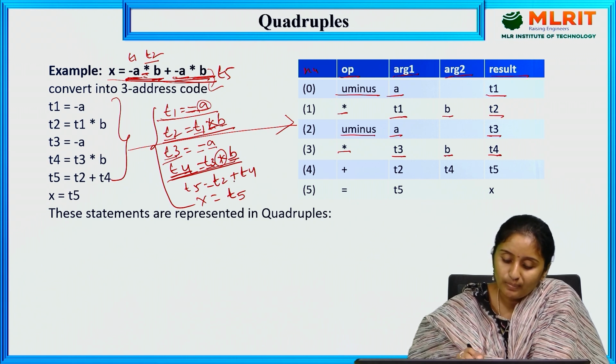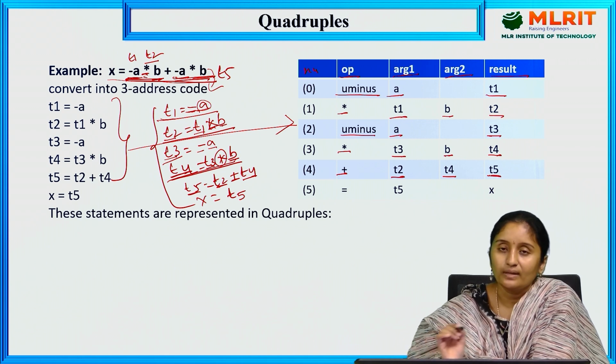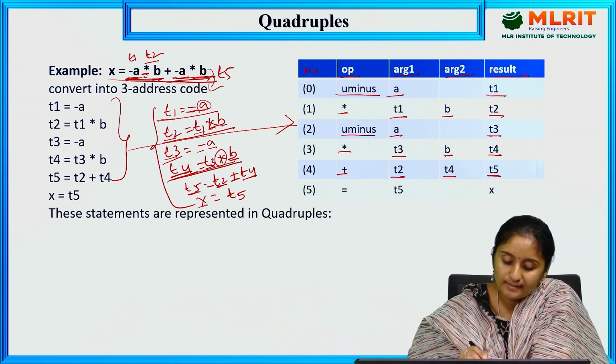Next statement. Here the operator is plus. What is argument 1? T2. Argument 2 is T4. Result is stored in T5. The next statement is X equal to. What type of operator am I having? Assignment operator, equal to. What is argument 1? T5.